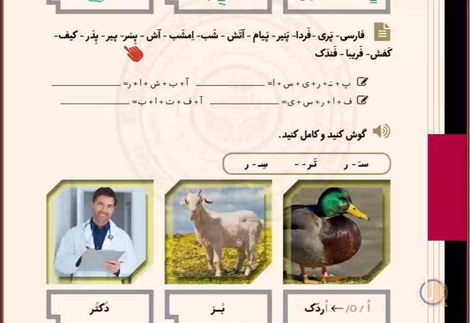Pesar, boy. Pir, old. Pedar, father. We had baba, that was daddy, dad. Pedar, which is father.